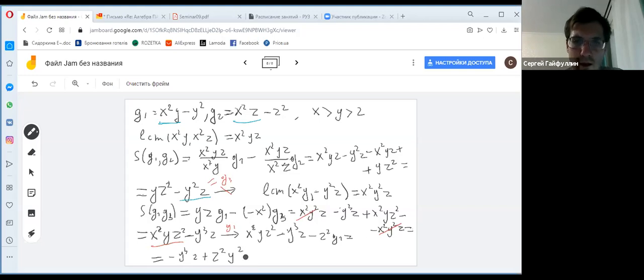Okay, and now I cannot reduce it by g1 or g2 because there is no x, but I can reduce it by g3.